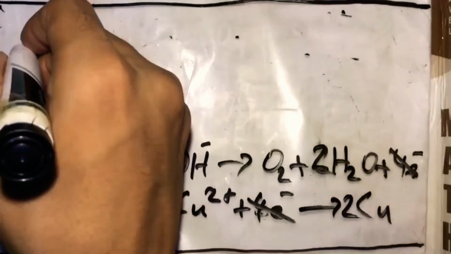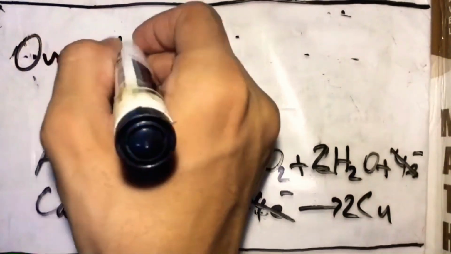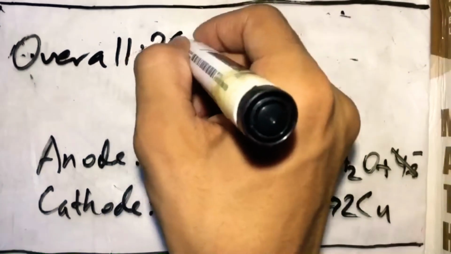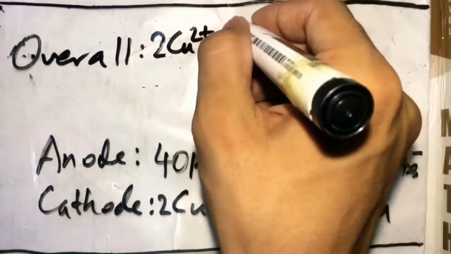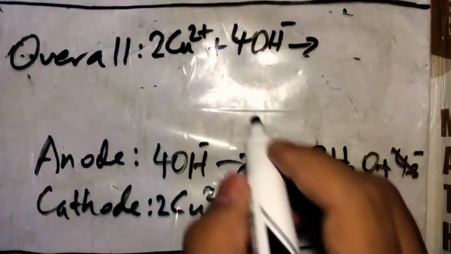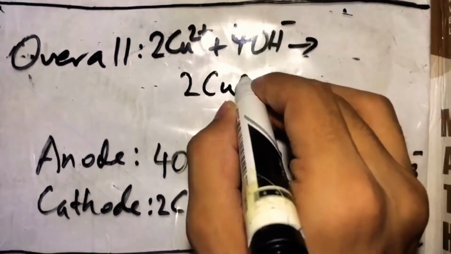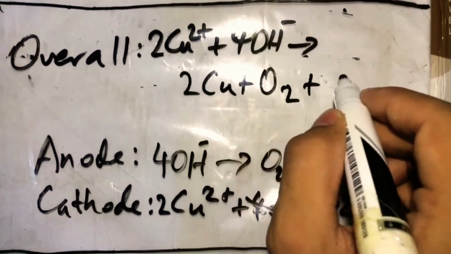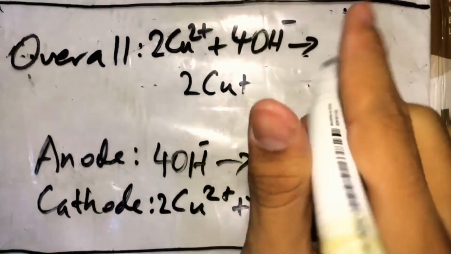Now for the overall equation, 2 copper ions plus 4 hydroxide ions produce 2 copper plus oxygen plus water.